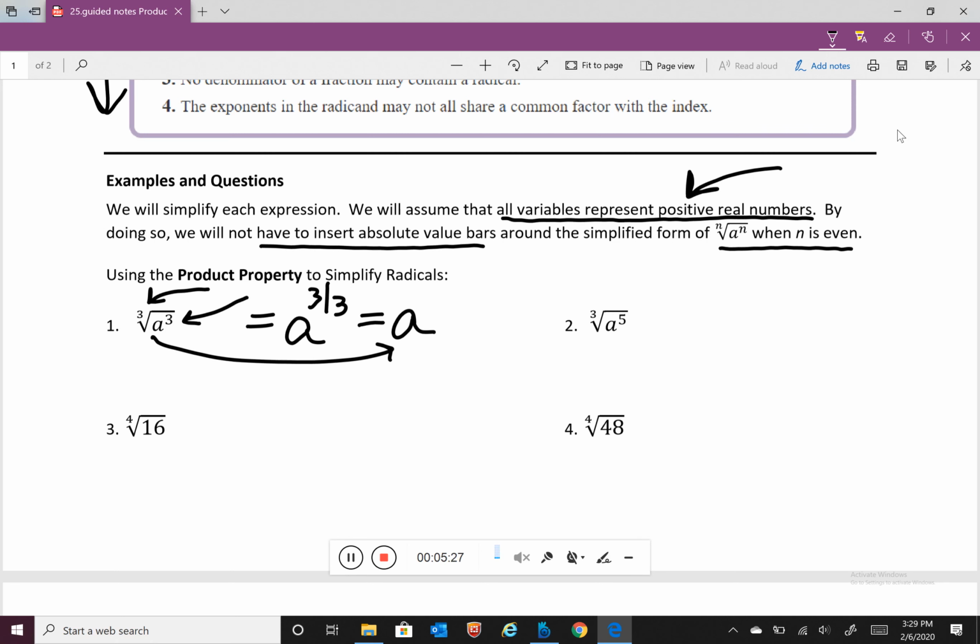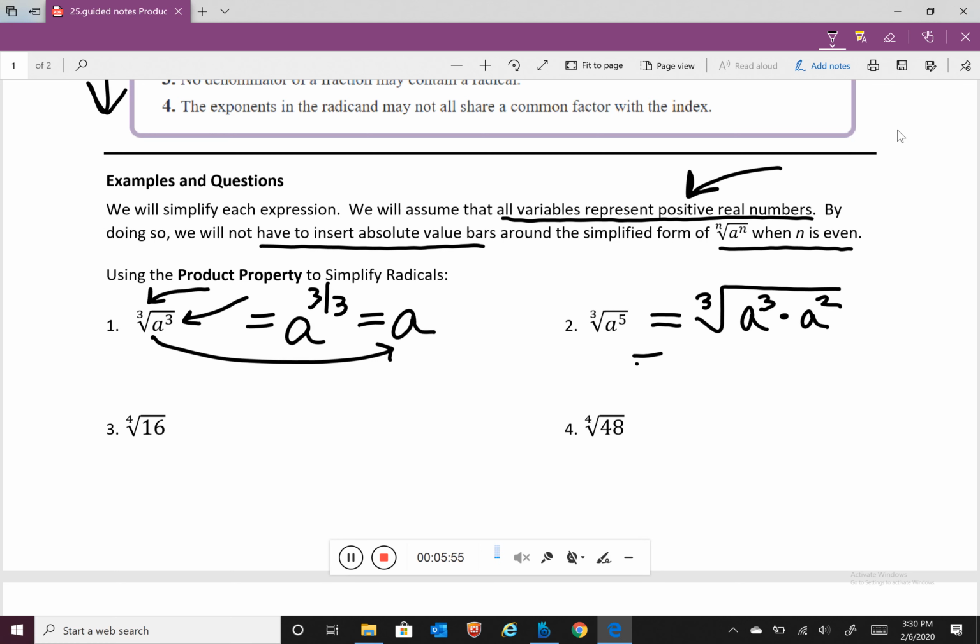So there are a few ways I want us to develop an understanding of how to simplify this. The first way is I want us to see that a to the 5th does contain 3 factors of a. So a to the 5th does have a cubed as part of it, but it also has more factors of a. In fact, it has 2 extras.